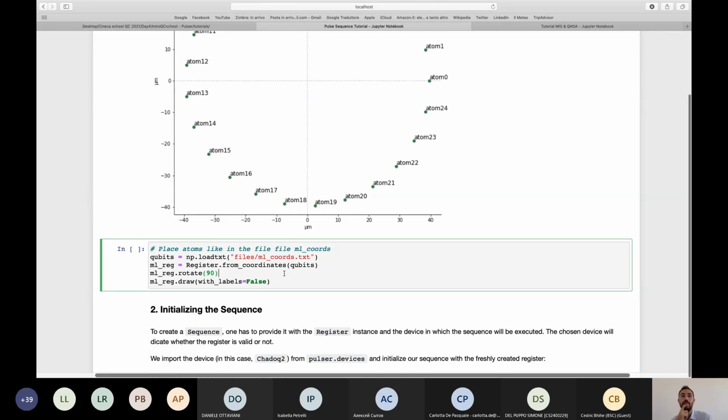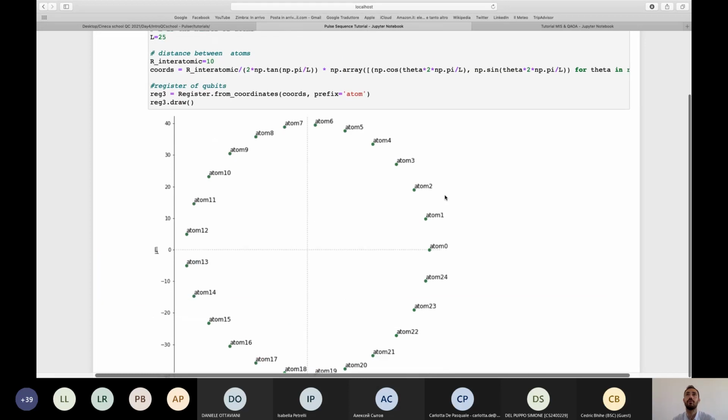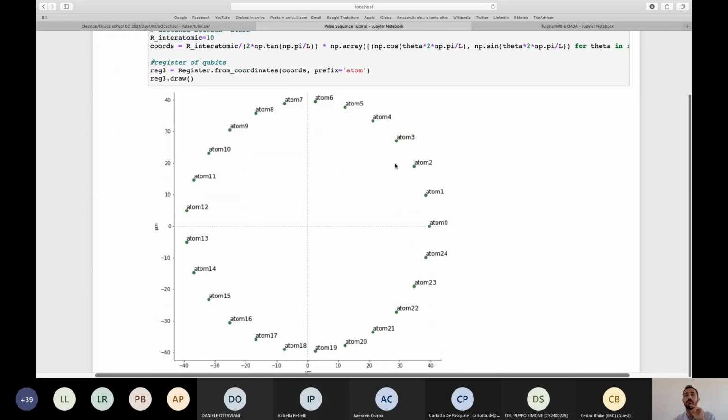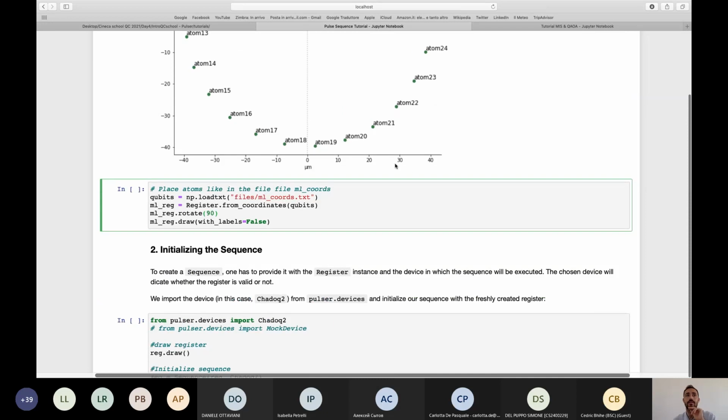The interatomic distance, I'm not sure. I don't remember exactly. I suspect a few micrometers, 5 micrometers, since I've written it here, probably it's something that is also real, but I'm not sure.